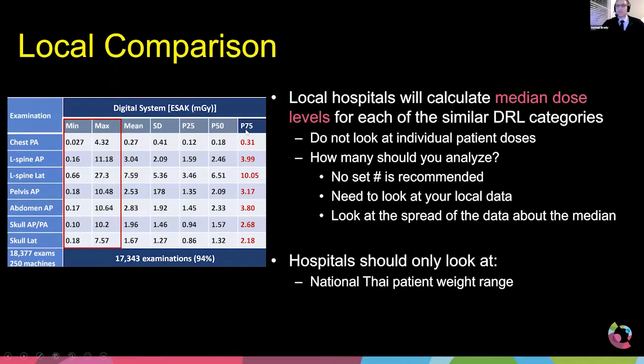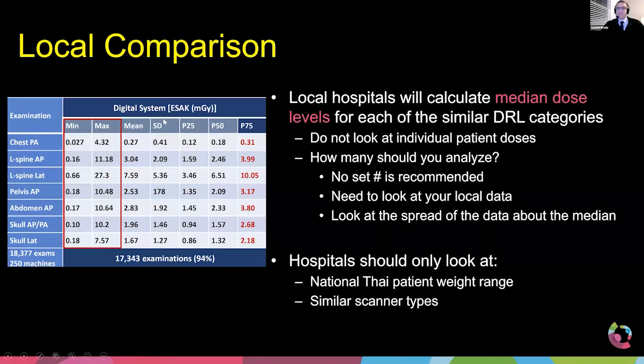So let's just say it was 70 kilograms, plus or minus 10 kilograms. I don't know, but whatever that value is, that's the value the local hospital should accept. The local hospital should not accept a 10 or a 20 kilo patient into that distribution, because then it makes the numbers non-comparable.